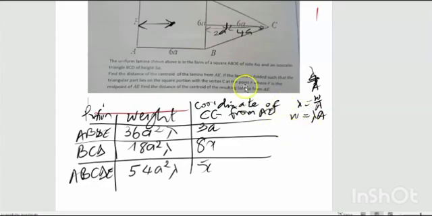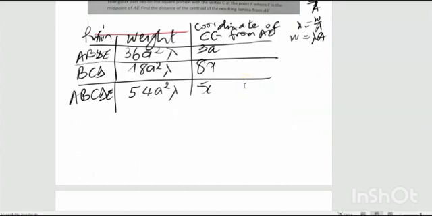Now, having obtained this table, we can go straight to calculate the center of gravity of that lamina as a whole. It means you are taking moments about AE. If you take moments about AE, we are going to have 36a squared lambda times 3a plus 18a squared lambda times 8a.